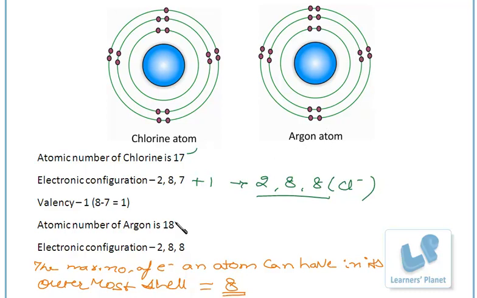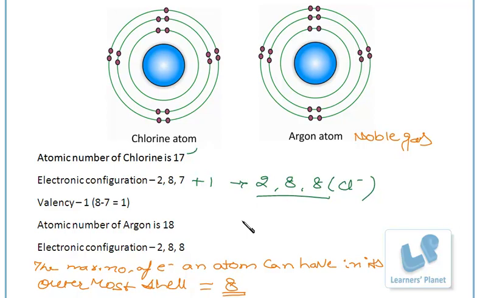That is why it doesn't react with any other element and it is stable. It is also called a noble gas element, or noble gas. It is inert. Likewise helium. Helium has 2 electrons in its outermost shell. So an atom can have 8 electrons in its outermost shell. An exception is helium. It has 2 electrons and it's stable.